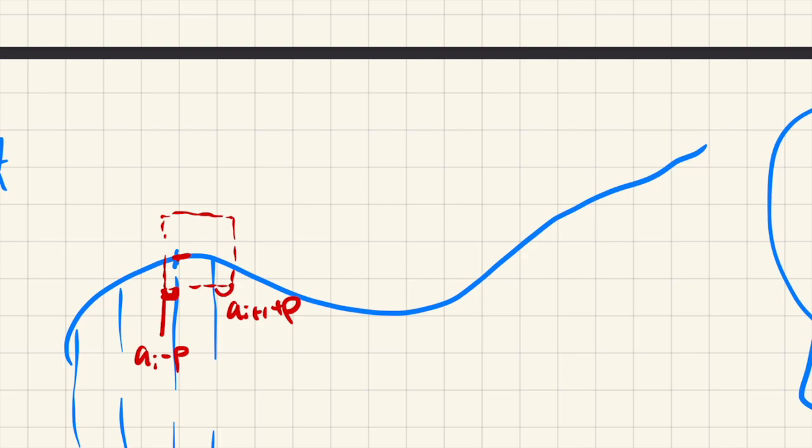This is the maximum value of the function in this interval, and maybe this is the minimum value.